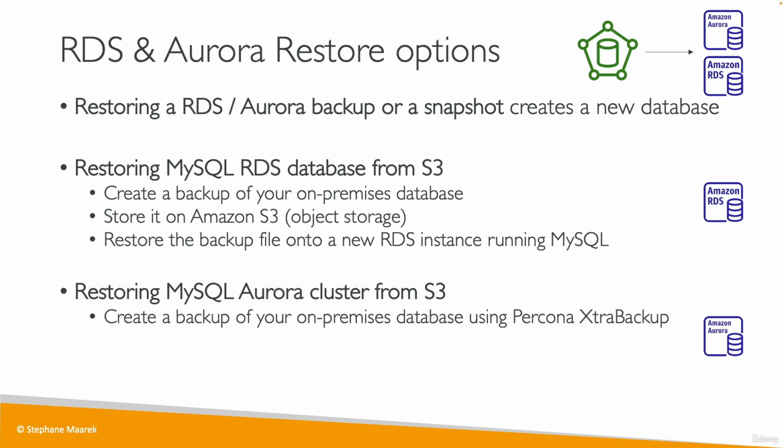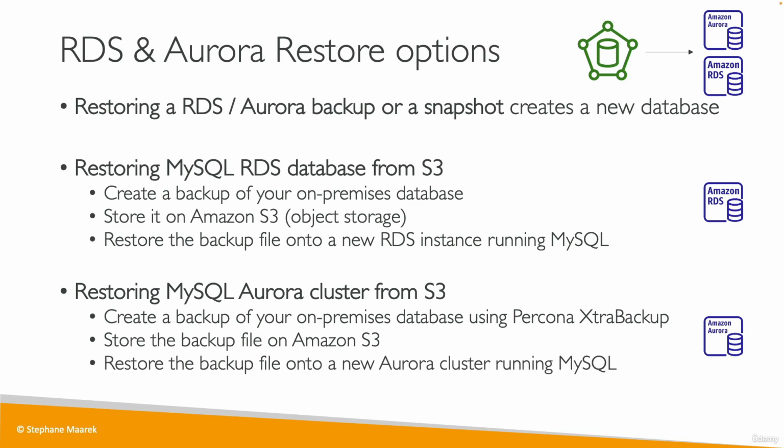And if you wanted to instead restore to a MySQL Aurora cluster, what you can do is take a backup again of your on-premises database, so externally, and then use a software called Percona XtraBackup. It only works with this for now. Then the backup file of Percona XtraBackup goes onto Amazon S3, and from this you can restore the backup file onto a new Aurora cluster running MySQL.